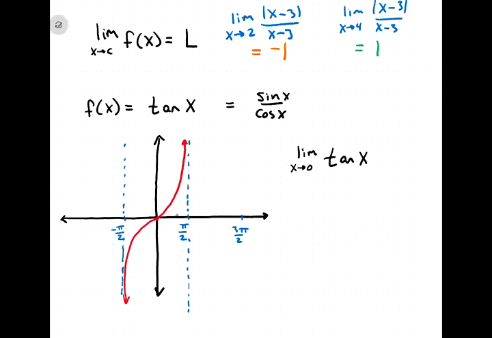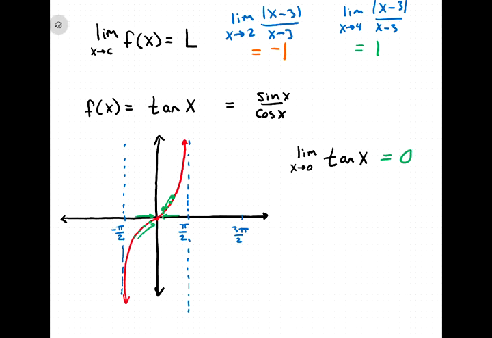As the x values are approaching 0, these points on the function are also approaching 0. So as x gets closer and closer to 0, the values of tangent of x are also getting closer and closer to 0.